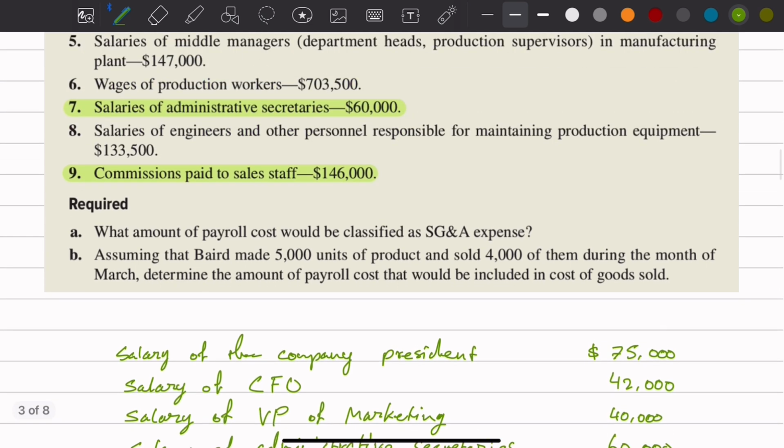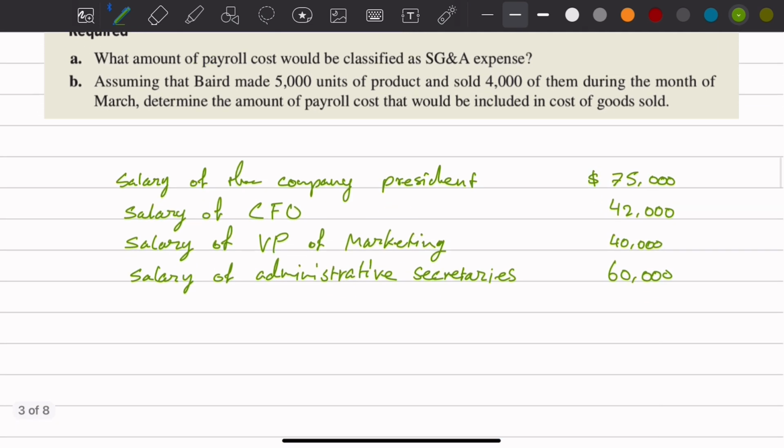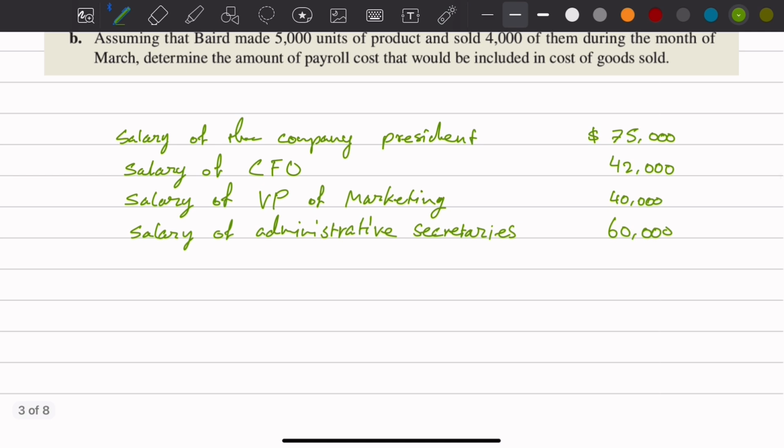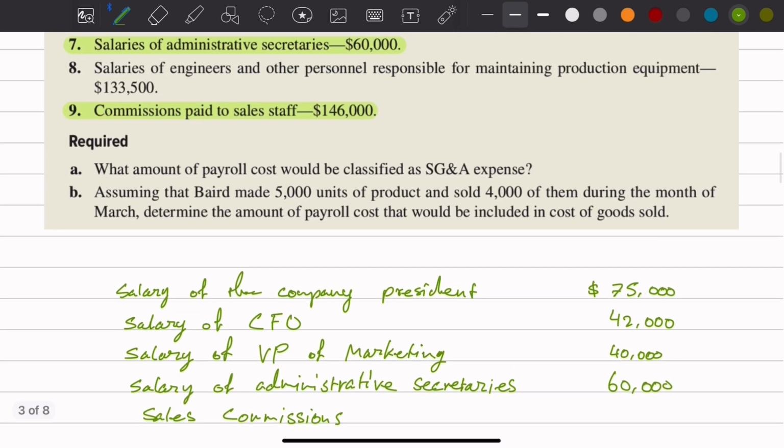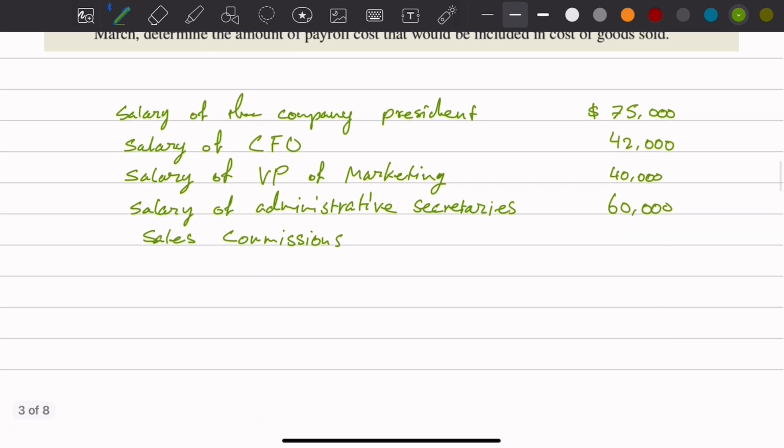And finally, number 9, commissions paid to sales staff. So let's just call it sales commissions, which totaled 146,000.